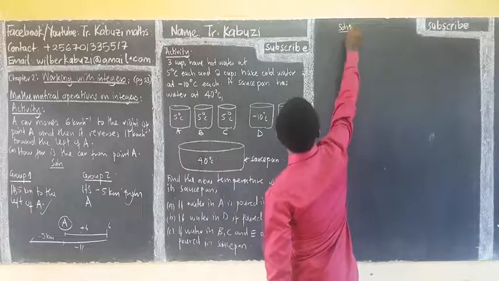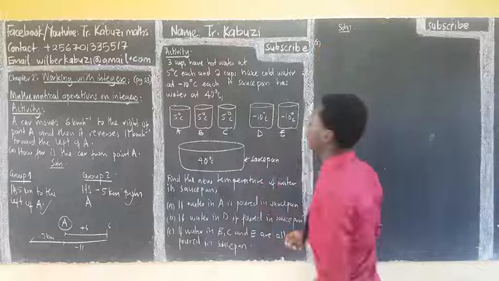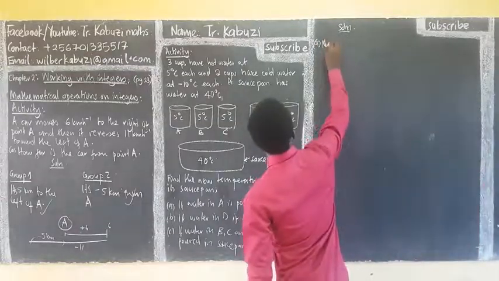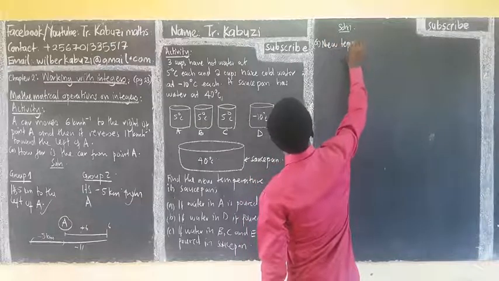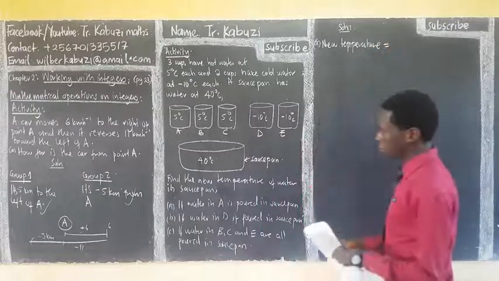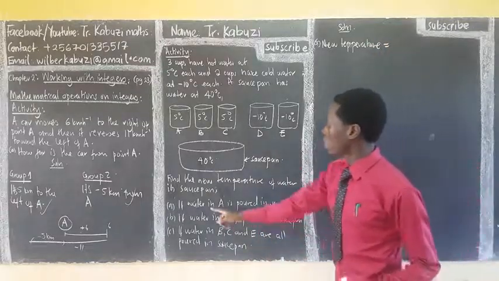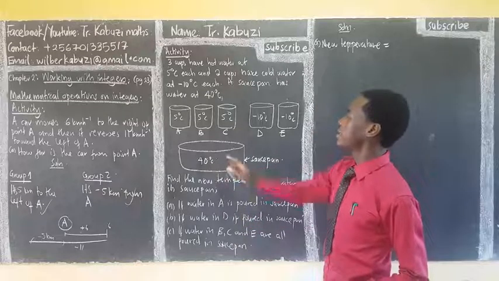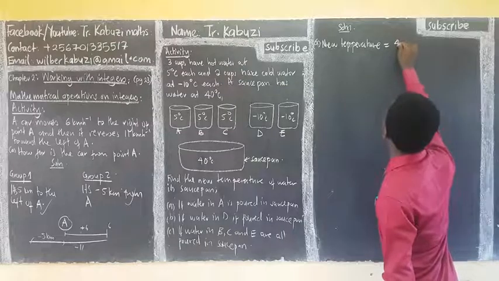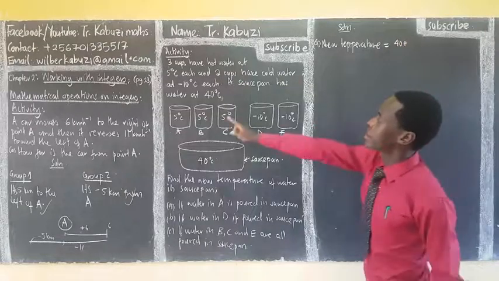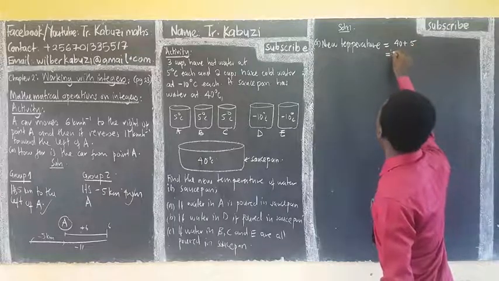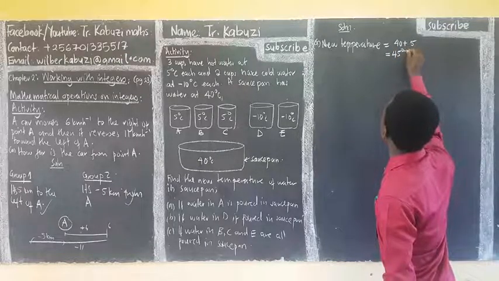This is how they handled their part A. They say the new temperature is equal to, remember, we are pouring water in A into the saucepan. Remember, the saucepan is at 45 degrees. So they got 40, then plus the 5 degrees of water in A, and then they are having 45 degrees Celsius.